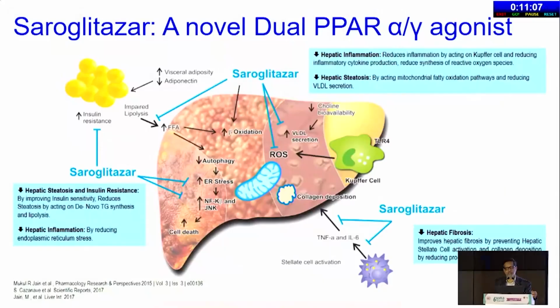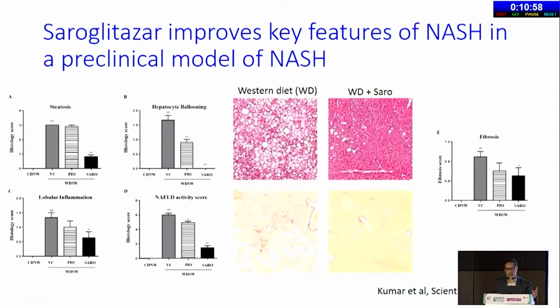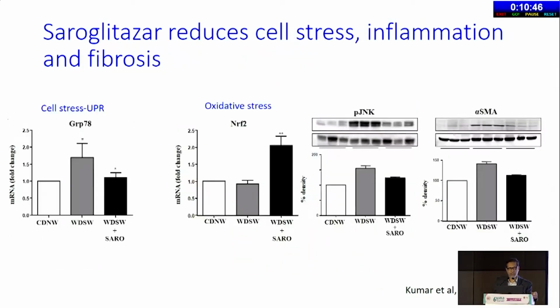Now, you already have Saroglitazar, and I think the next talk is on Saroglitazar. So I'm not going to waste too much time over here, except maybe to talk about the basic science, which is that Saroglitazar improves key features of NASH in a preclinical model where it improved all the individual features. We published this in 2020. It reduces cell stress, which is the unfolded protein response.